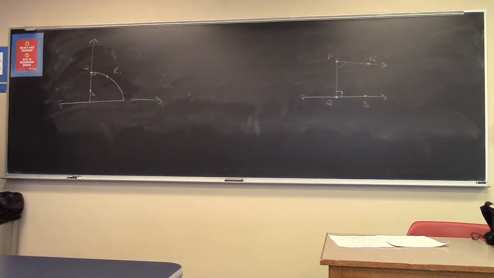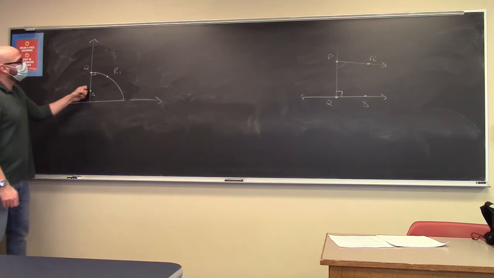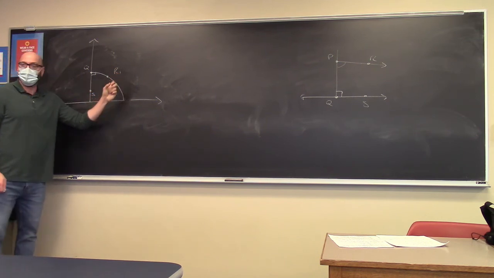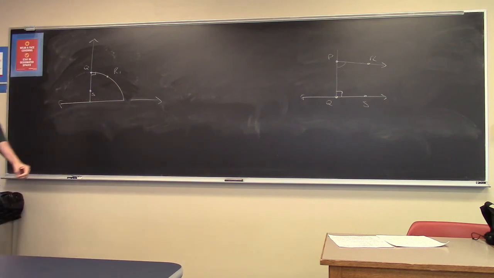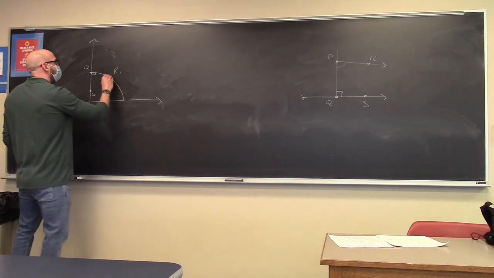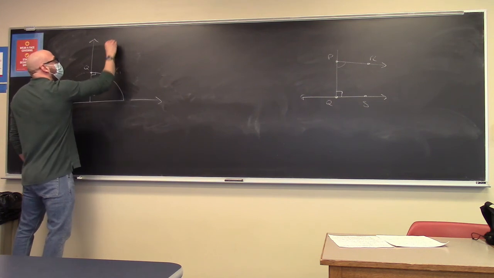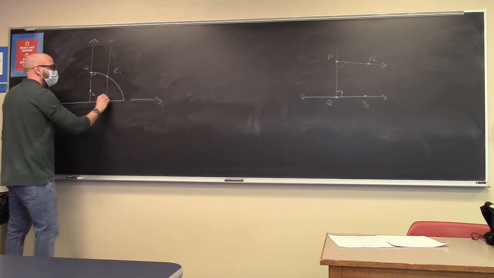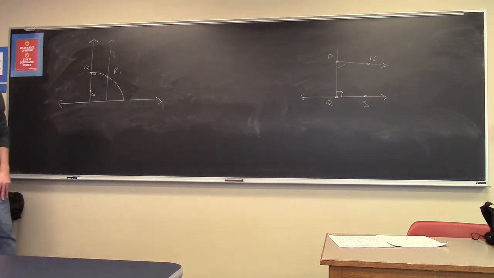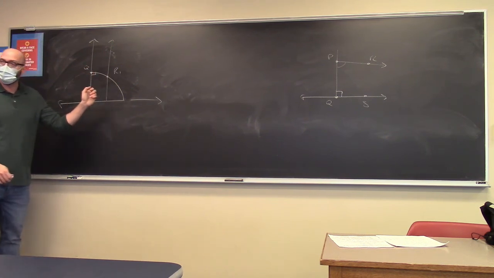My question is, what is the angle of parallelism for this line QS and R1? Well, here's a line that's parallel, right? There's a line through R1 that doesn't intersect QS, so there's a parallel line.